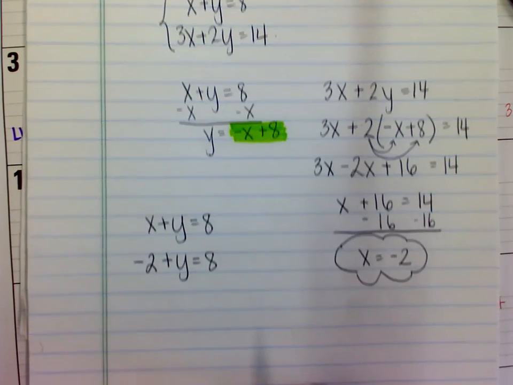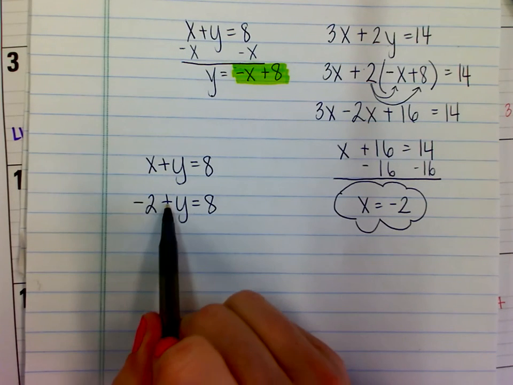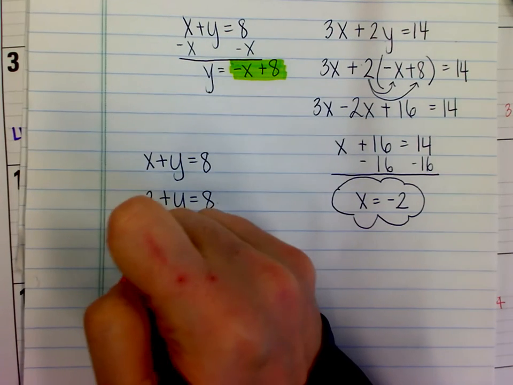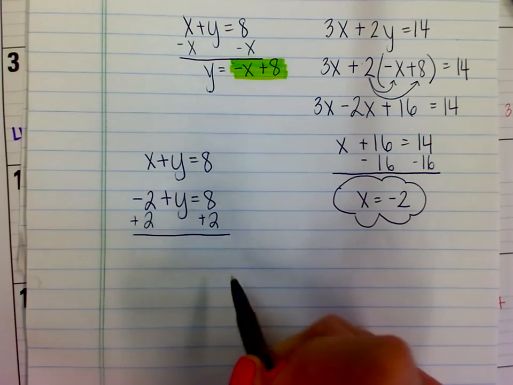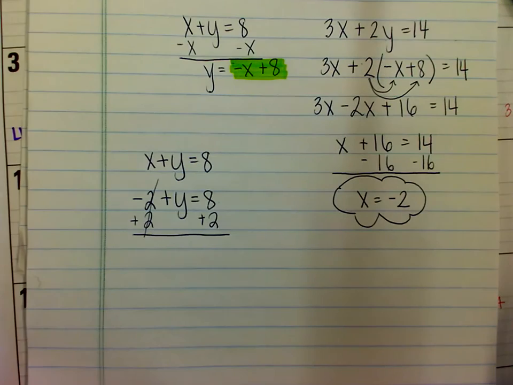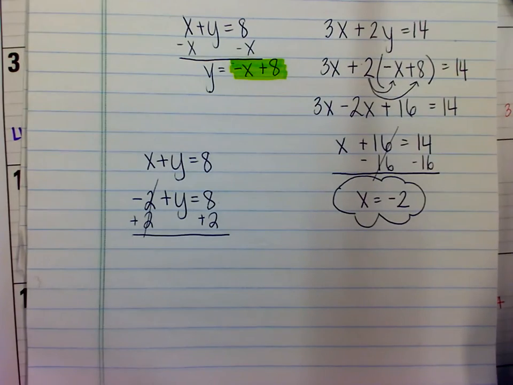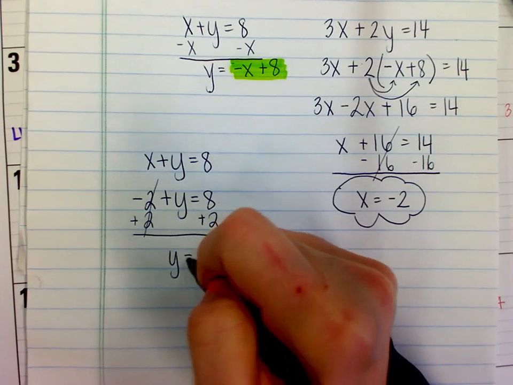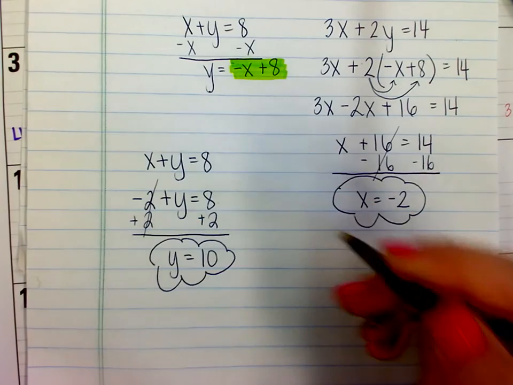We're solving for y. So negative 2 plus y equals 8. Inverse operations tells me I'm going to add 2 to both sides because those cancel. Canceled over here too, we forgot that one. And y equals 10. There's the other half of my solution.